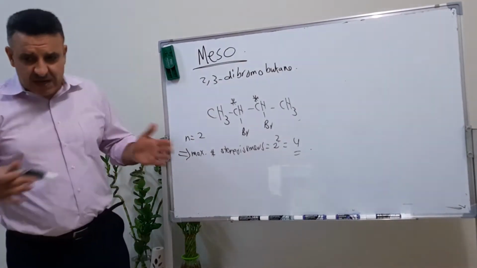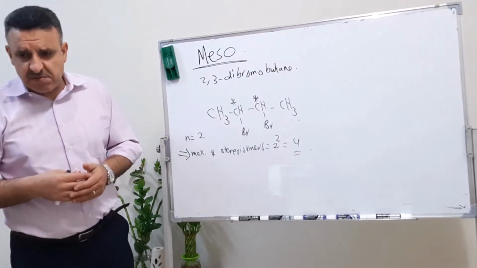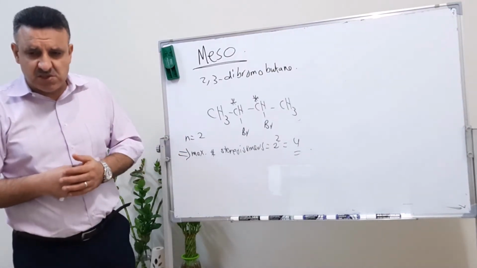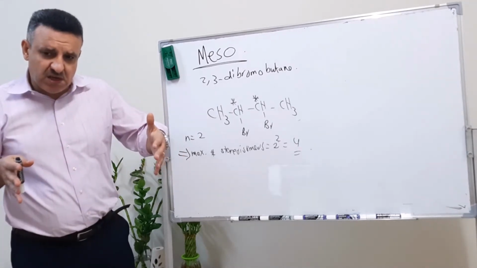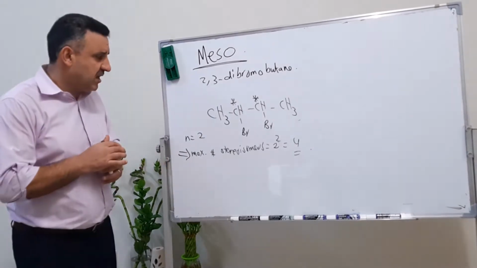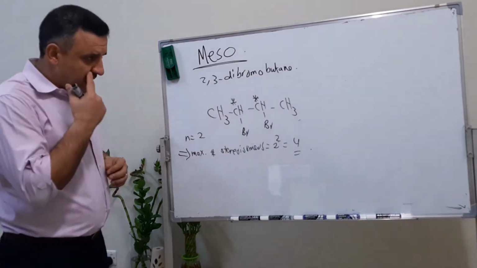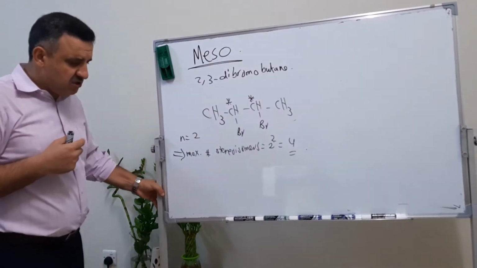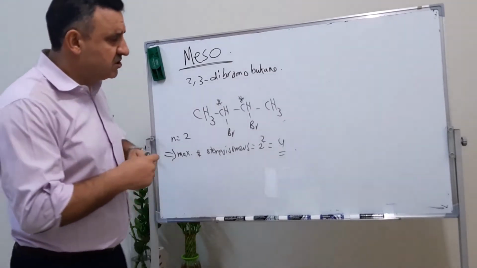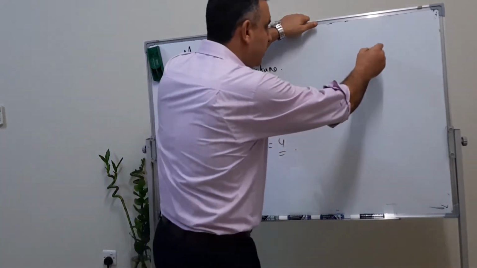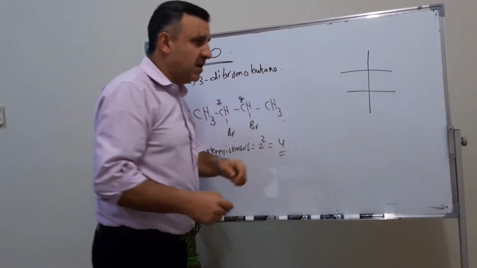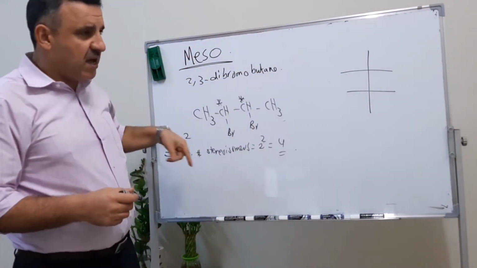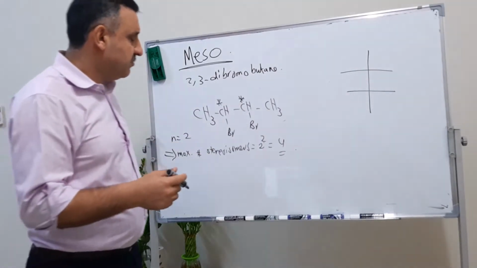It's actually recommended to use what we call the Fischer projection whenever you are dealing with compounds containing more than 1 stereocenter. And the best option to draw the Fischer projection is always to consider the carbons on the vertical line, while the other atoms are on the horizontal ones.